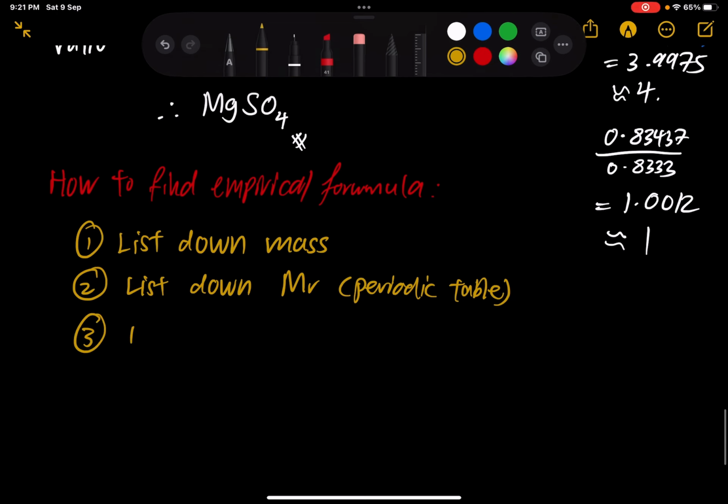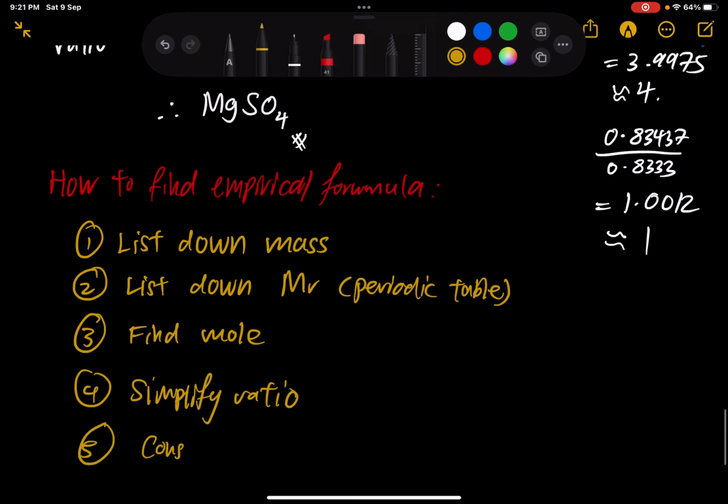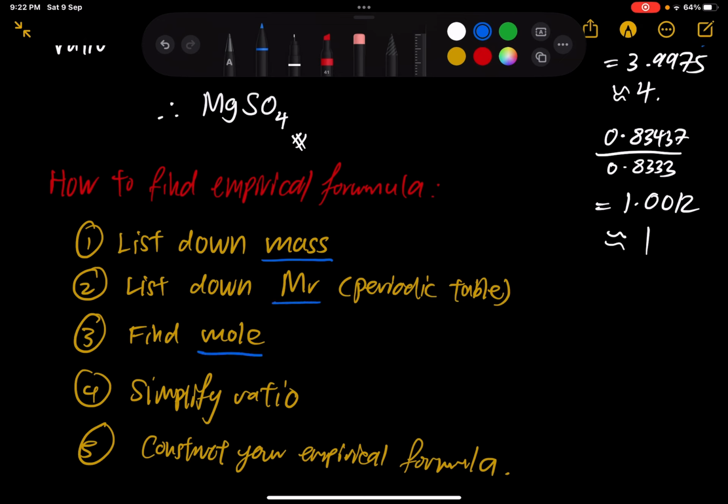Next, find mole. Next, simplify ratio. Number 5, construct your empirical formula. These are the things you must do. Step 1 is to list down the mass. Step 2 is the Mr. Step 3, find mole. Step 4, simplify the ratio and construct your formula.